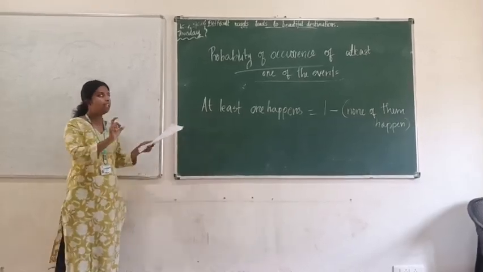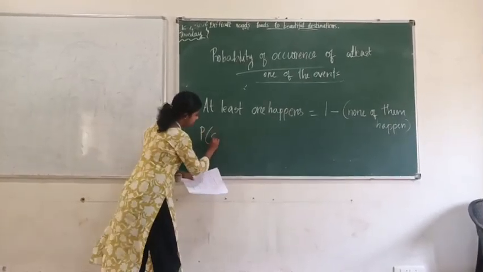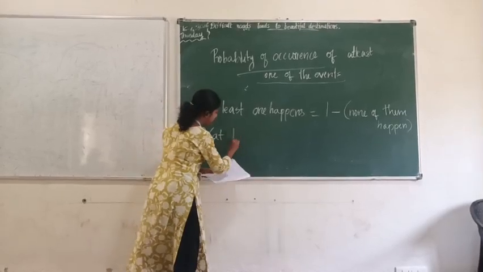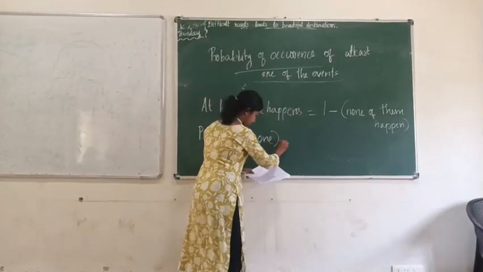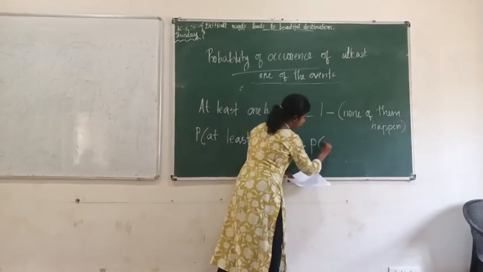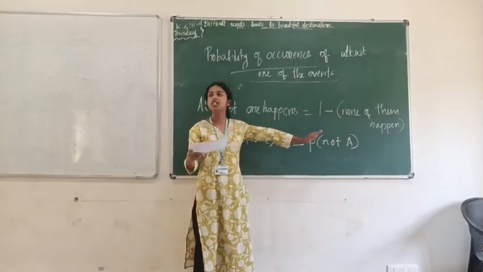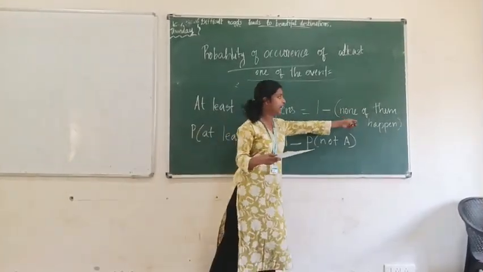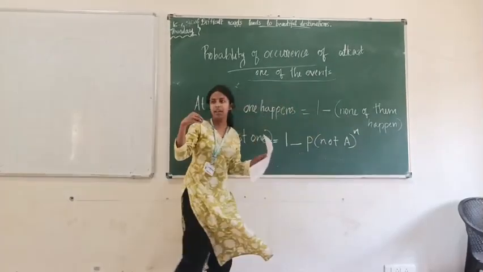And so basically we can get into an equation: probability of at least 1 is equal to 1 minus P of not x. That means the thing which has not happened. Here we have said none of them happened, raised to the number of trials we have done.